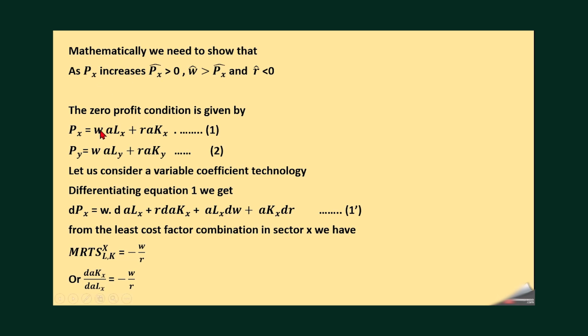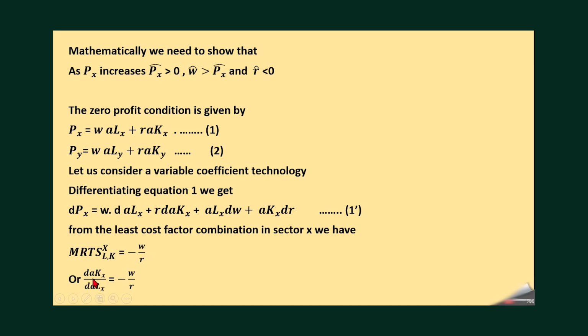Let us consider equation 1. We are differentiating the first zero profit condition totally. So we find equation 1 prime after differentiating equation 1 using the UV method for W ALX plus R AKX. Now we can simplify equation 1 prime by remembering the least cost factor combination for sector X. We remember MRTS LK is equal to minus W by R. MRTS LK is nothing but the slope of the isoquant.